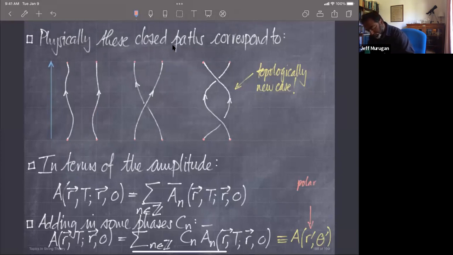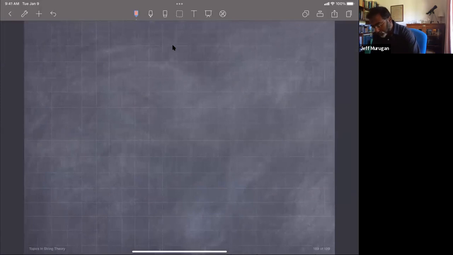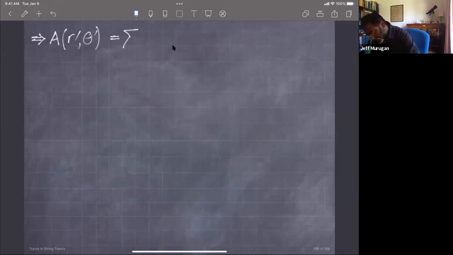So r and theta are polar coordinates. In that case, I'm going to be able to write my amplitude as A of r prime, theta prime equal to the sum over n in Z of Cn, A_n bar of r prime, theta prime.